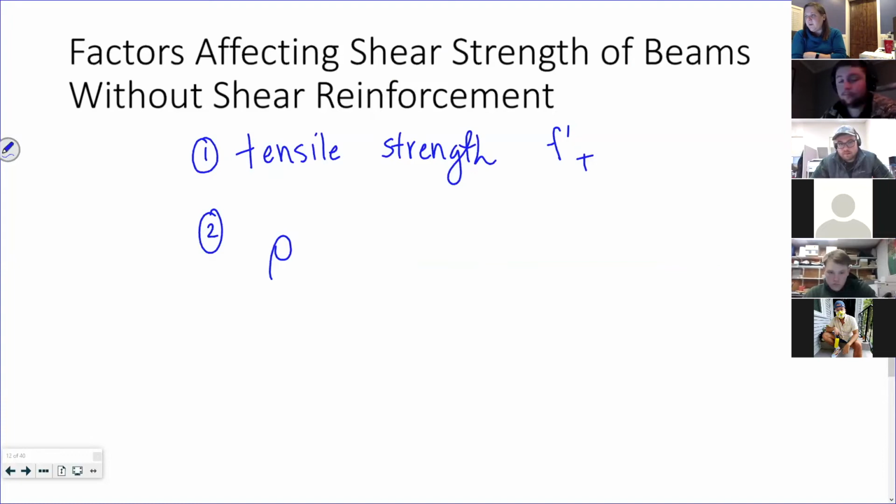And I guess the beam action commentary as well. You get deeper and shorter, you're going to act more like an arch than a beam. So that was what all that background was to basically get to, okay, now we can actually get into shear design.